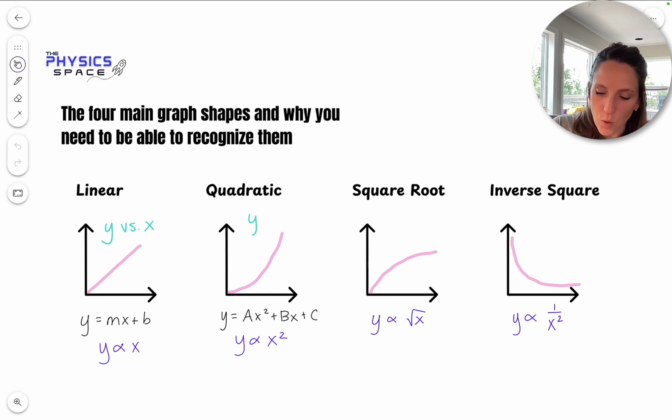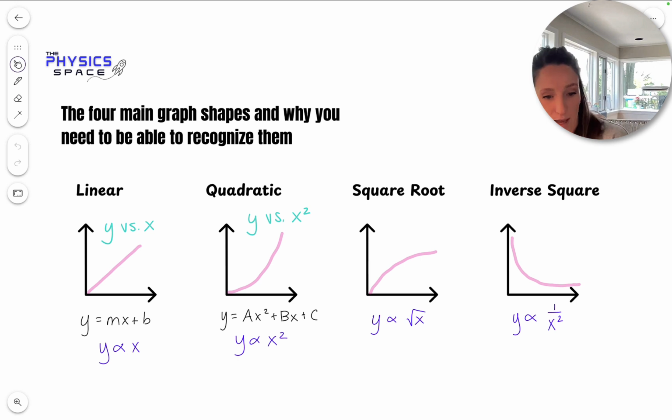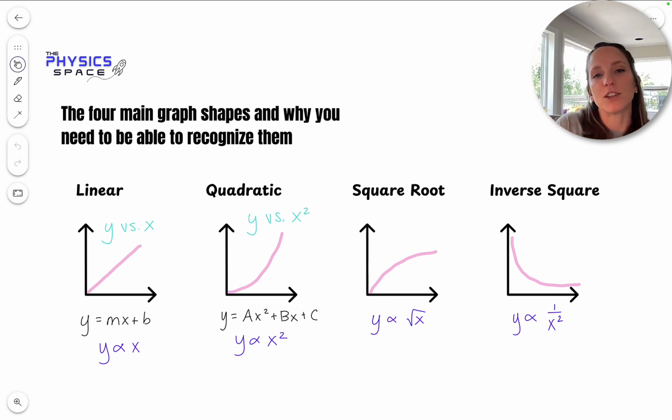If we graph y versus x squared, that is going to linearize our quadratic graph. So if we graph, for example, position and time, and we get this kind of graph, if we graph position and time squared, we're going to get a linearized graph.